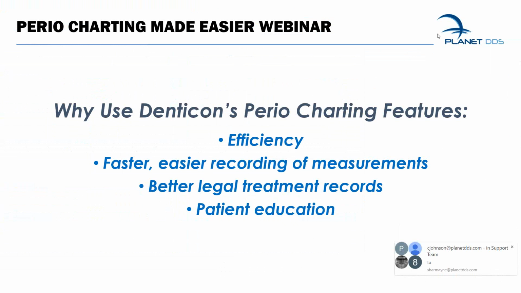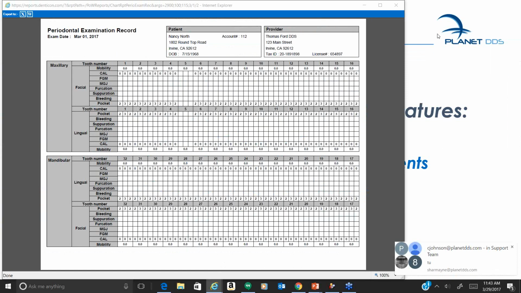Dr. Wunderlich is asking about CAL. I was just about to answer that question, but maybe, Charmaine, you can take a second to show where CAL is actually displayed and calculated. Right. It is automatically calculated based on your pocket depth and your free gingival margin values. It will automatically calculate the CAL for you on the report.